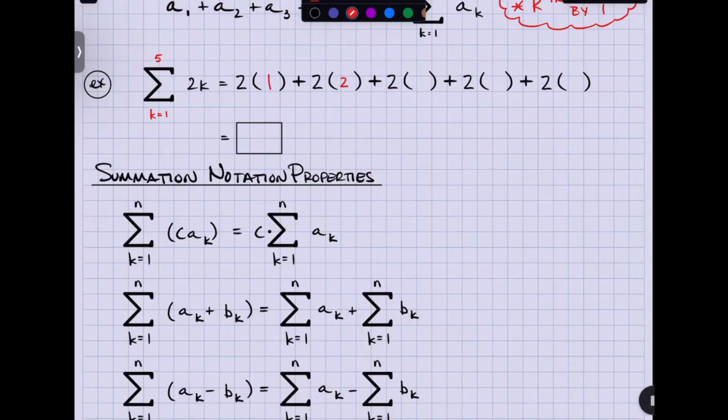Next k would be 3, next k would be 4, next k would be 5. And since that's when it tells me to stop, I stop at 5. Then I have to sum all of those together. So that's going to equal what, 30?